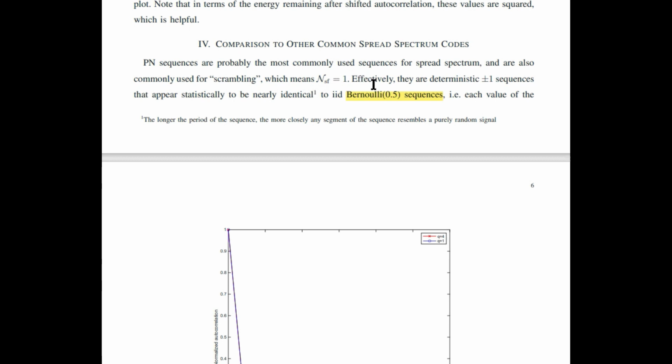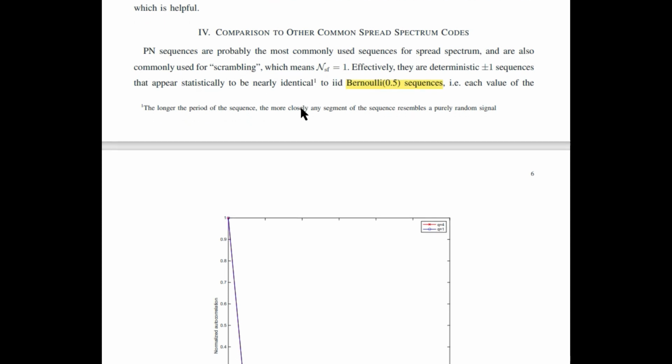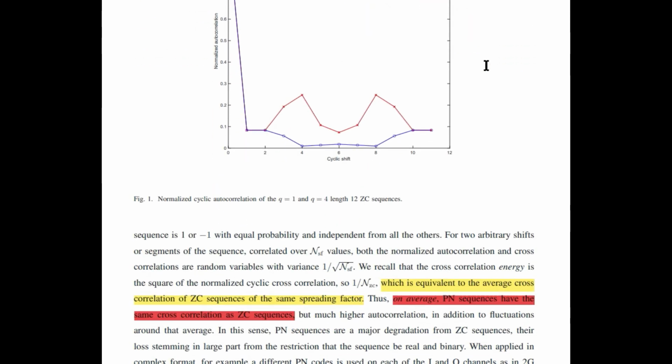Effectively, they are deterministic plus or minus one sequences that appear statistically nearly identical to IID, independent identically distributed, with probability 0.5. So each value of the sequence is 1 or minus 1, with equal probability and independent from all the others, because there are only two cases, one and minus one, equally probable, right?